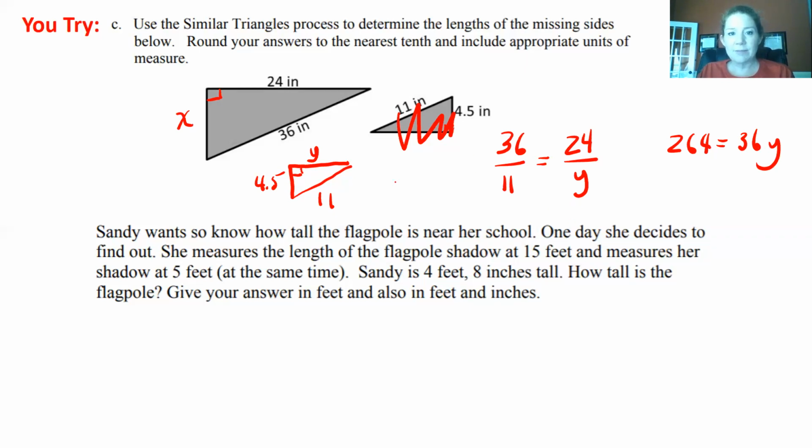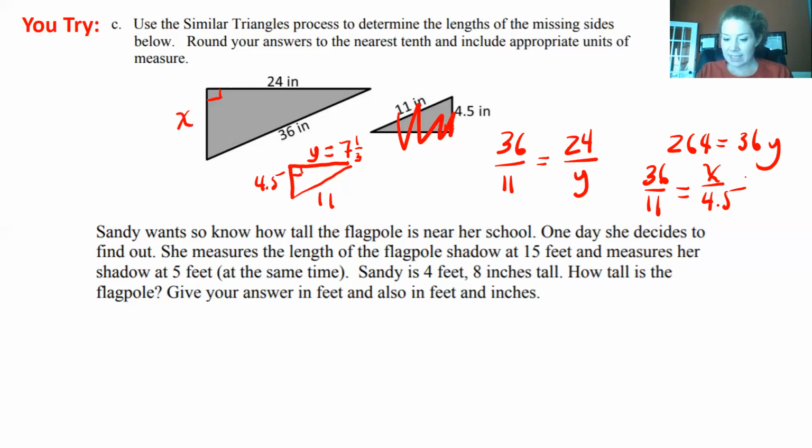So Y is 7 1/3, or 7.3. Now we want to know what X is. Once again, we use 36 over 11, and this time X over 4.5.